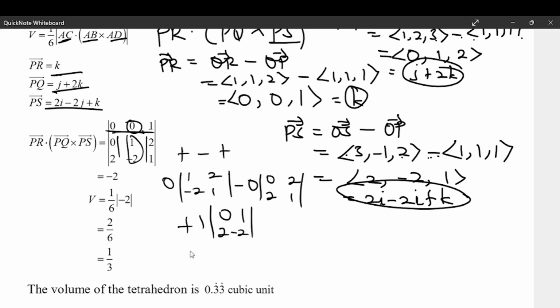So 0 times 1 minus 2 times negative 2, which is negative 4. And so we are going to have this one for the first one.